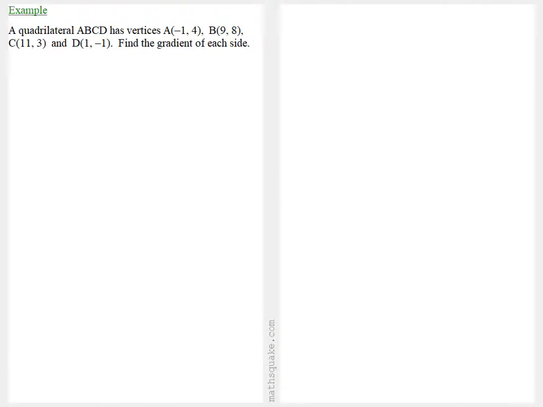Let's look at an example and see how we could use this. A quadrilateral ABCD has vertices A (-1, 4), B (9, 8), C (11, 3), and D (1, -1). Find the gradient of each side.